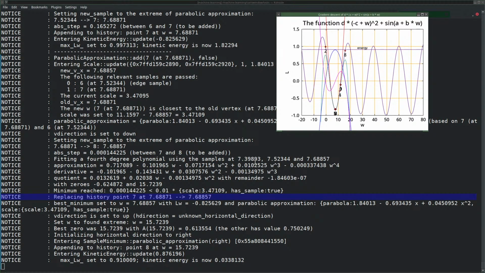Okay, the first one is reset scale after jumping to best.